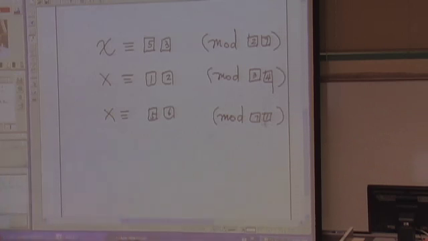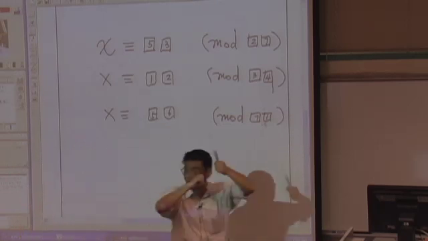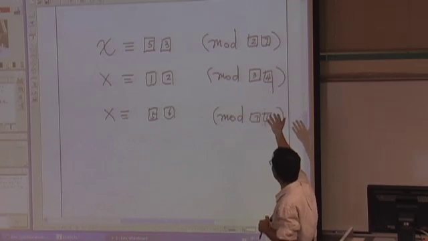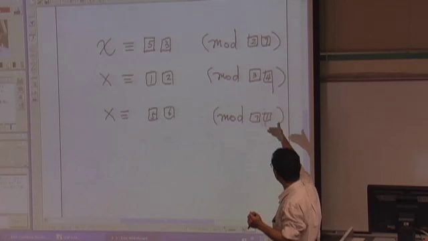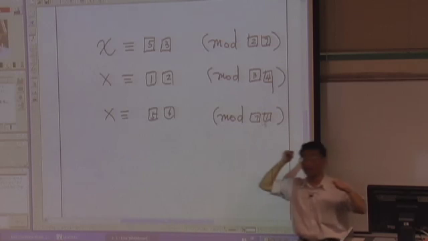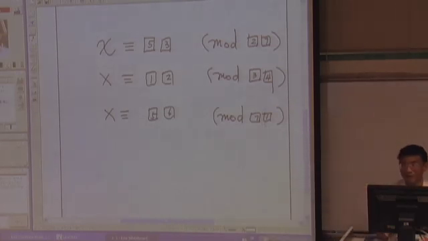First of all, the moduli should be relatively prime. It's not required to have primes on the right side, but they should be relatively prime. So check it. 27 and 34 have no common factor other than 1. And similarly, 71 and 34, 27 and 72, so none. So they are relatively prime. Then, once these are relatively prime, we are done. How?